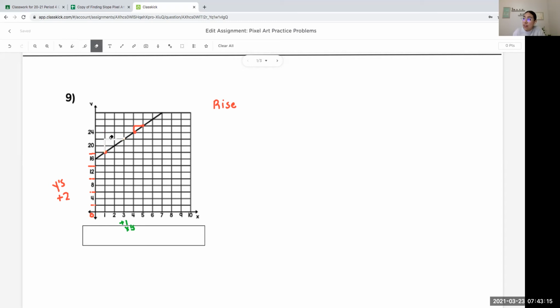I actually found out that Google can do it for you too. If you type in simplify and then whatever fraction you have, it does simplify it for you. So no, you don't have to pick points that are close. You can pick points that are further away. Further away just means you simplify a fraction.